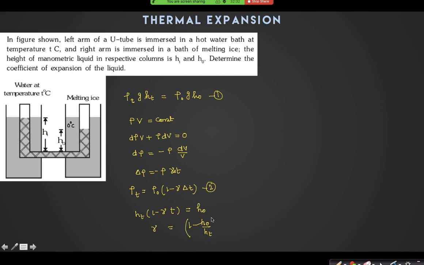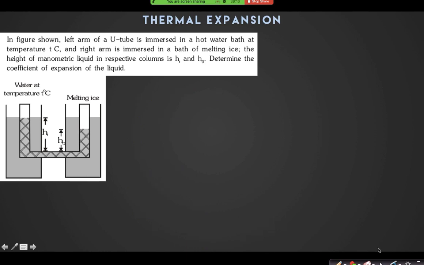Gamma is equal to (Ht minus h naught) divided by t Ht.